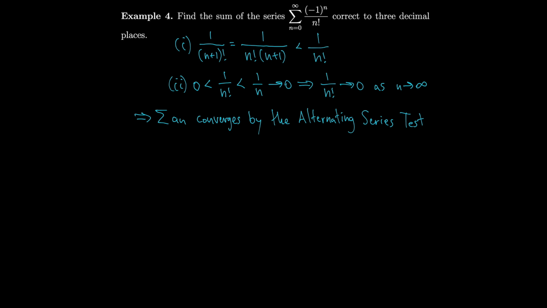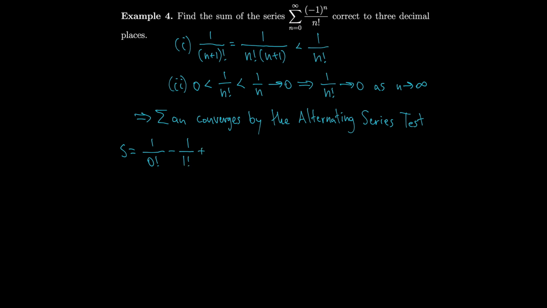Now that we know that our sum converges, let's try approximating it using a bunch of terms. We need to do it to 3 decimal places, but we don't know how many terms we need. So let's just write out a whole bunch and see when we get to the next term being past 3 decimal places. So 1 over 0 factorial, because we're starting at 0. And remember, 0 factorial is 1, so there's no issue here of dividing by 0.